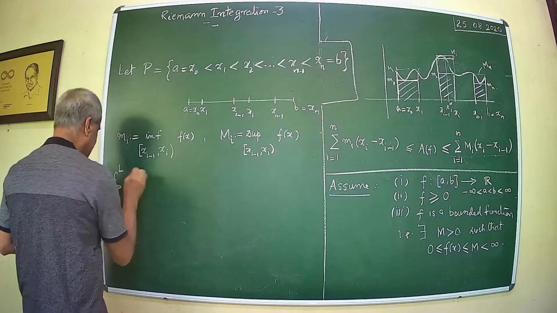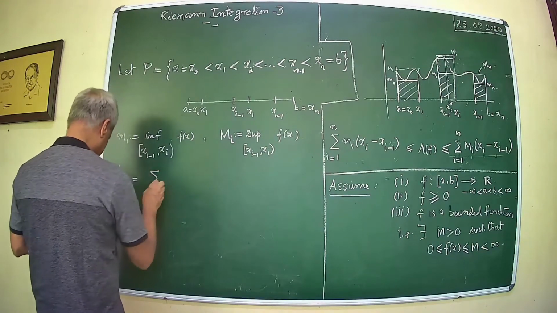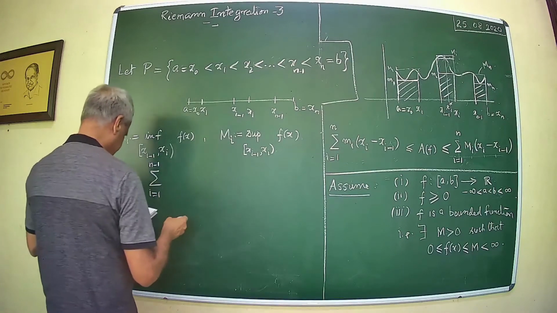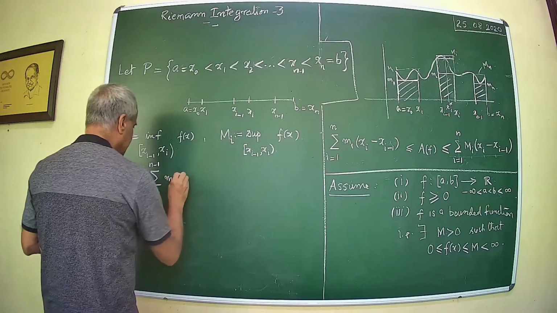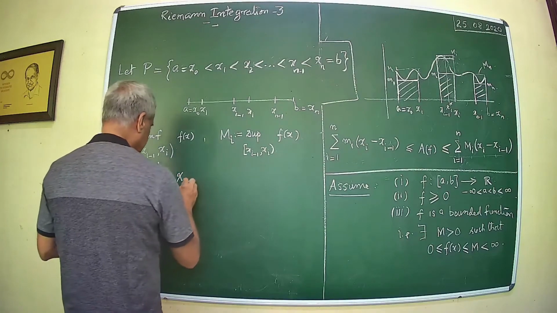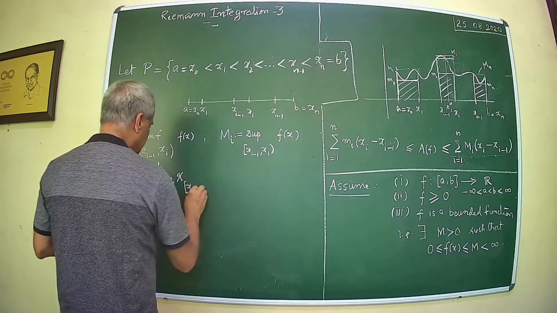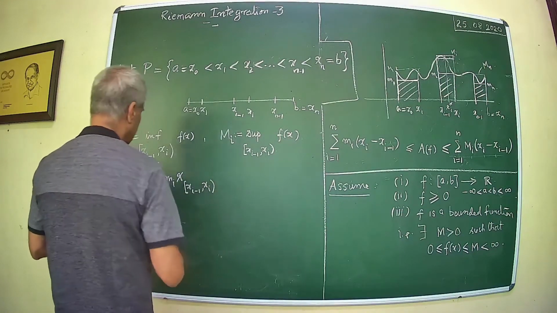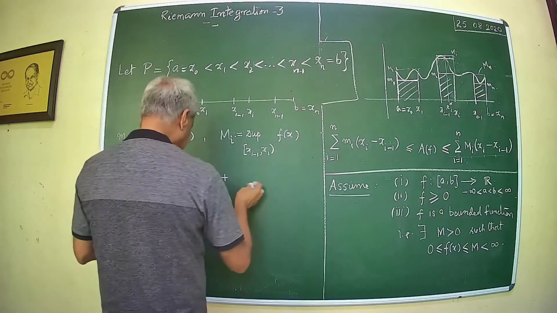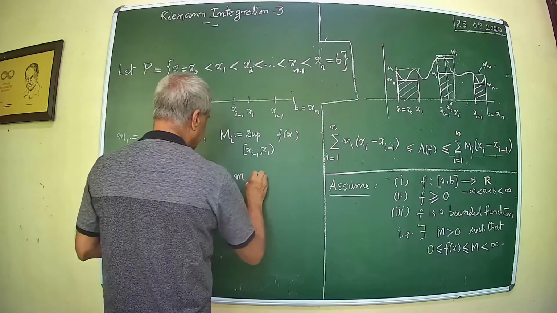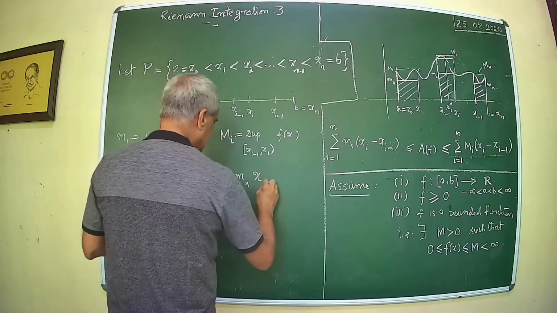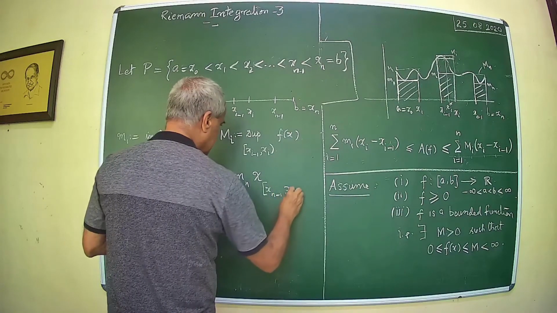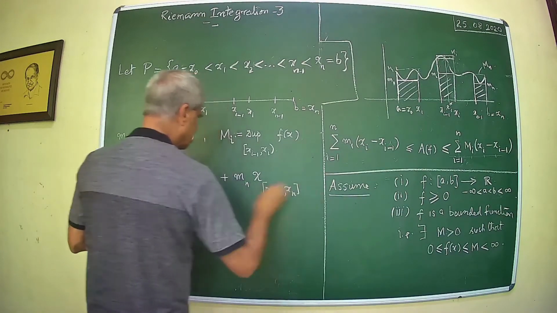I define the function to be the sum from i equal to 1 to n minus 1 of mi times the characteristic function of the interval, right, plus on the last interval I take this as mn times the characteristic function of the closed interval.